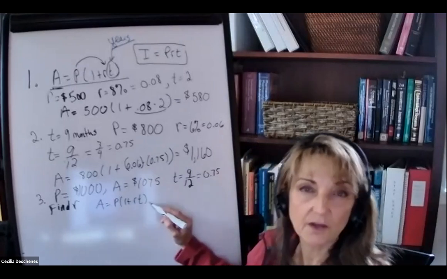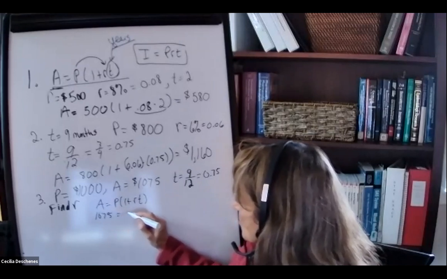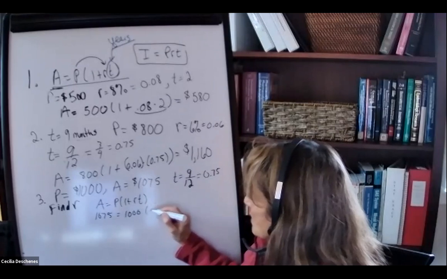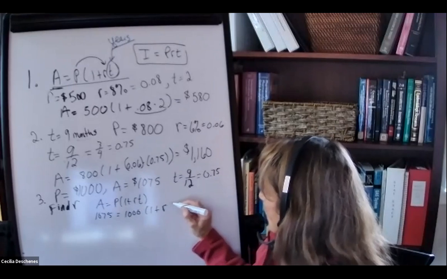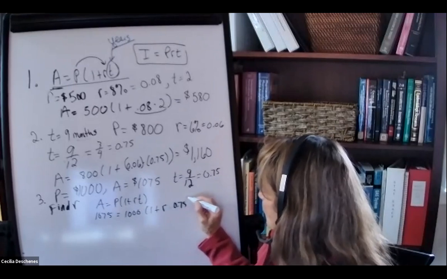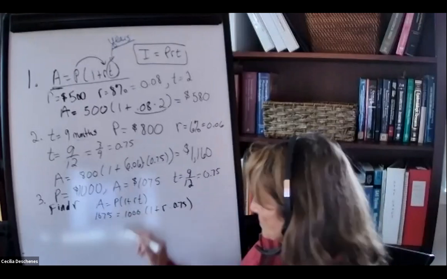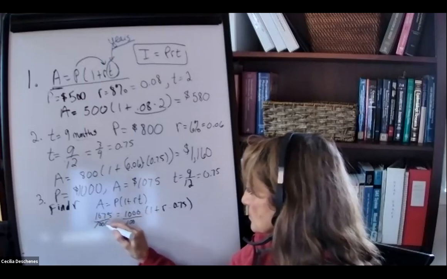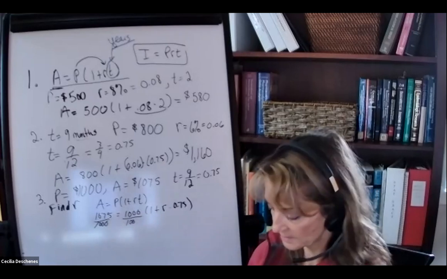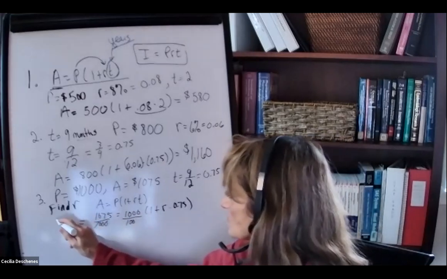But we know everything in here except for the R. So let's put in 1075 is equal to 1,000 times the quantity 1 plus the rate, which we don't know, times 0.75. So you can divide both sides by 1,000, and we'll see that 1075 divided by 1,000 is 1.075.